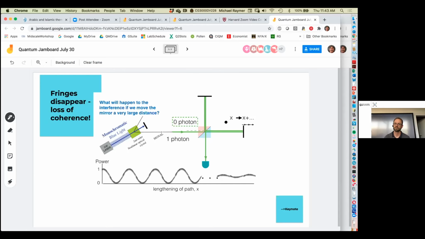Now, it's interesting because this is not just straight up coherence, but it's actually a relative coherence. And remember that coherence really refers to quantum states. It does not refer to particles or waves. So we have a quantum state of light coming in here, some kind of a wave packet. And it goes in and out, goes back to these two paths.